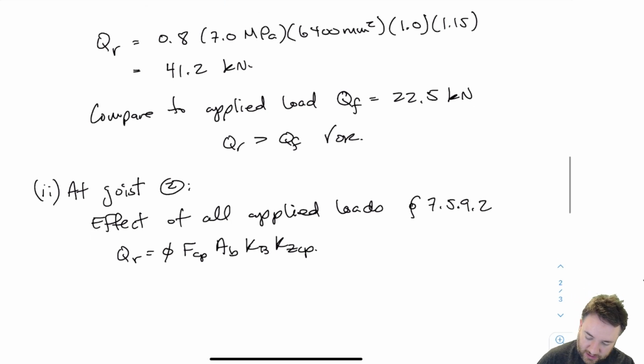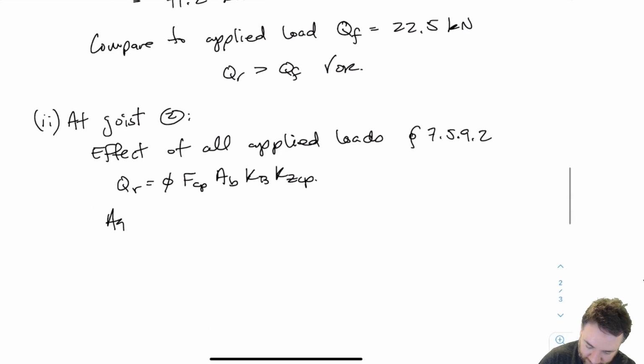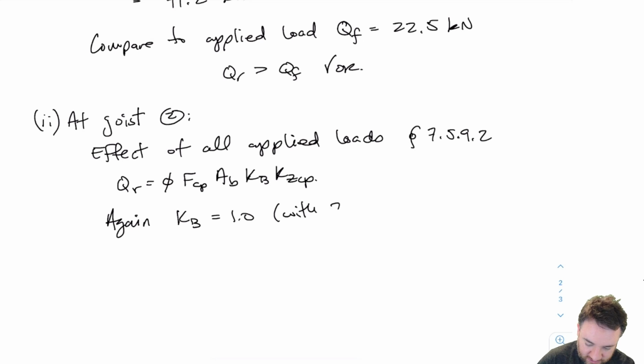Okay, so again here, KB is equal to 1.0 because we're still within 75 millimeters.